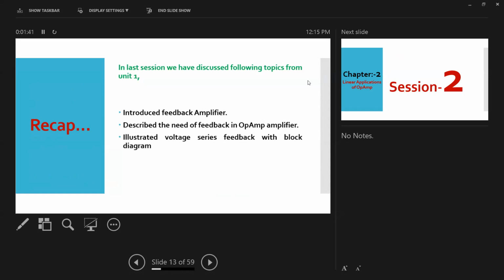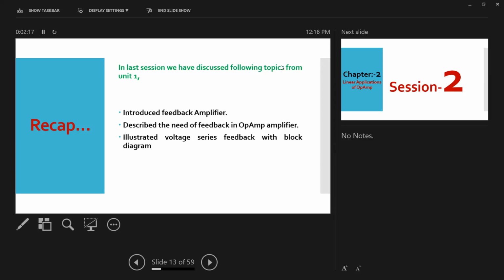And when we are going to use linear application of op-amp, we are going to have the feedback amplifier. That means op-amp is going to be used with the feedback, either positive feedback or negative feedback. So what is the need of feedback? What is feedback? And what are the different types of feedback that we have seen in the last session, right? We have discussed about voltage series feedback, voltage shunt feedback, current series feedback, current shunt feedback. That are the 4 main types of feedback we are using in our op-amp application.